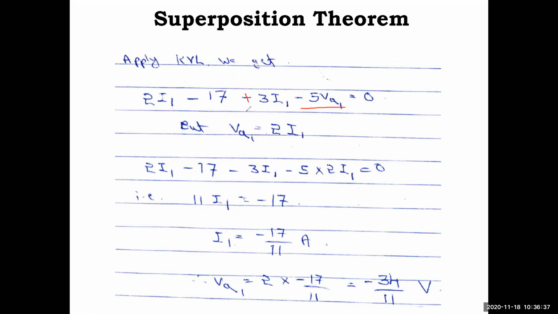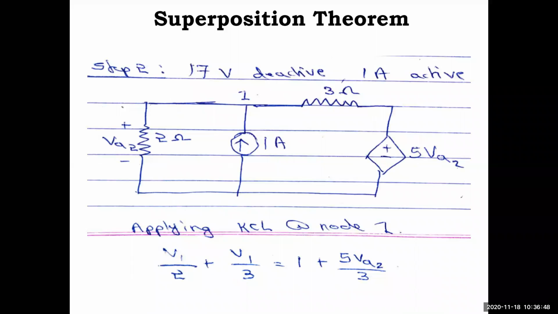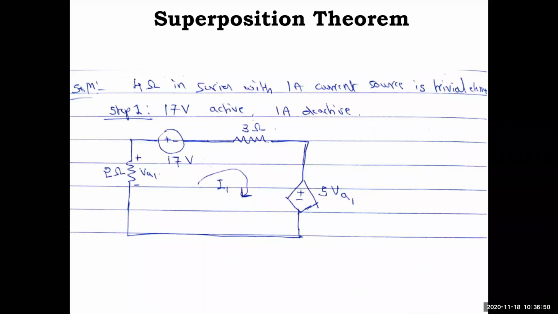So what will come? So what is va1 here in this figure? Okay, so va1 is nothing but the voltage drop across the resistor. So just we try to look at it clearly, otherwise don't get confused. So if you are considering this, plus va1 minus 3i1, so this plus 17, and this is minus 2i1.